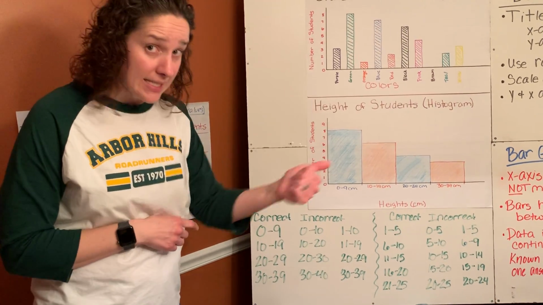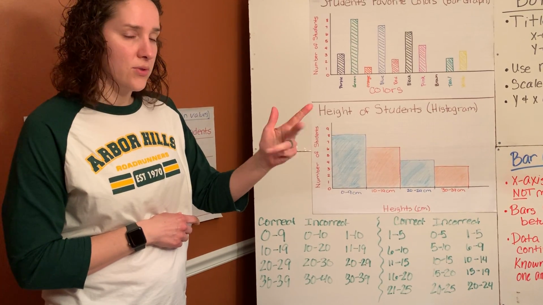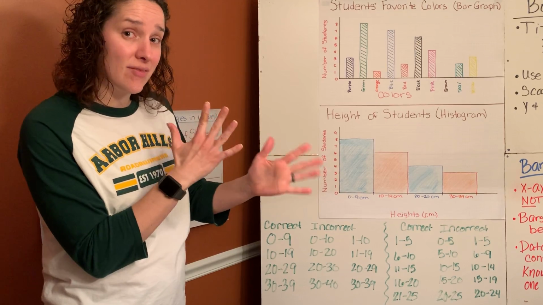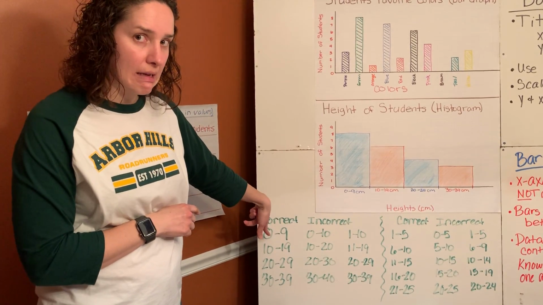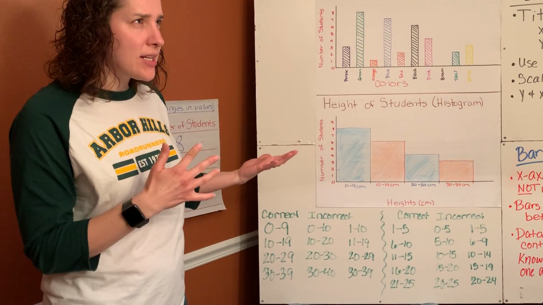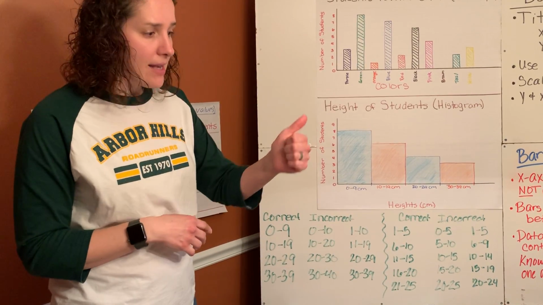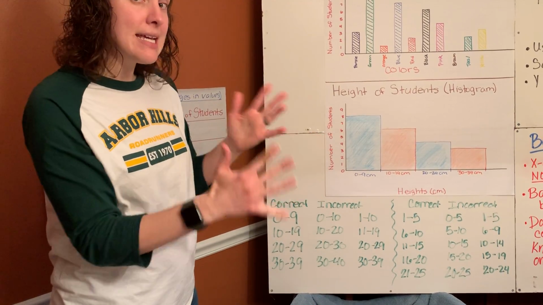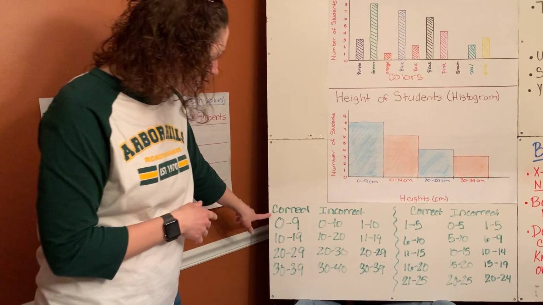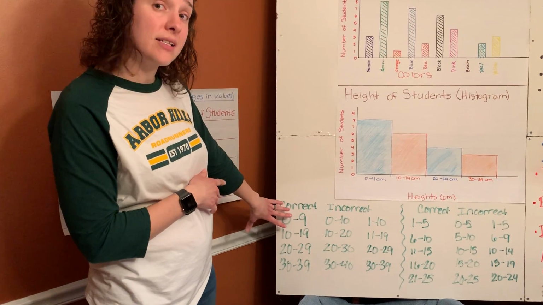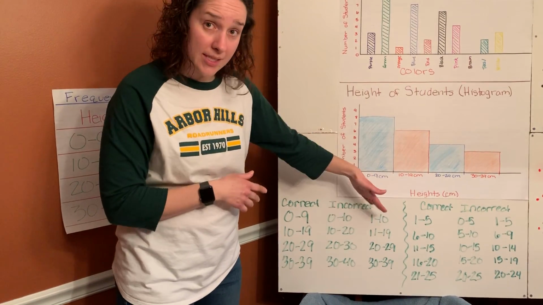Let's count. 0, 1, 2, 3, 4, 5, 6, 7, 8, 9. That's really 10 pieces of data, even though you're subtracting and get 9. 19 and 10. Again, subtraction is 9, but really 10, 11, 12, 13, 14, 15, 16, 17, 18, 19, that's 10 pieces of data. And there's 10 pieces of data in each of those. That is correct. Now here are the two most common mistakes.